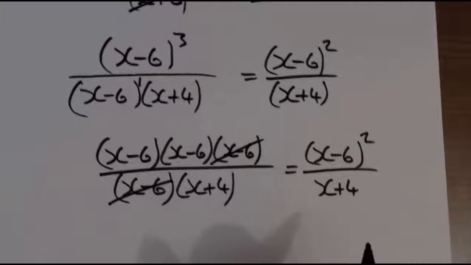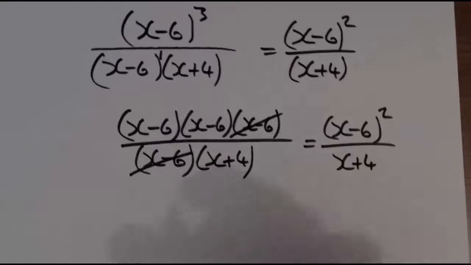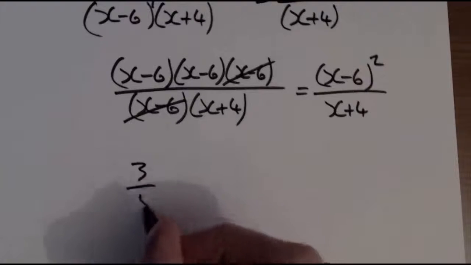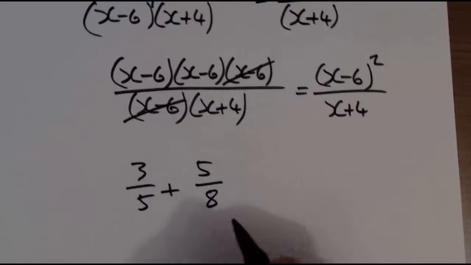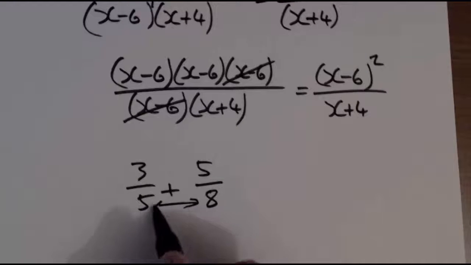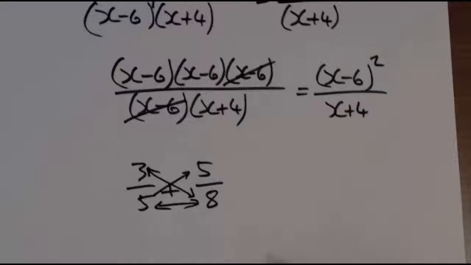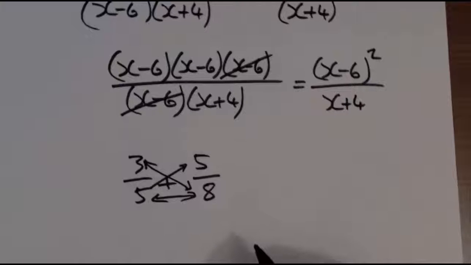Okay, and we'll look at some fractions next. So we'll just have a wee look at the first one. So it's plus 5 over 8. What we'll do is we times these two together, times that by that, and times that by that. And that's how you answer that type of question.